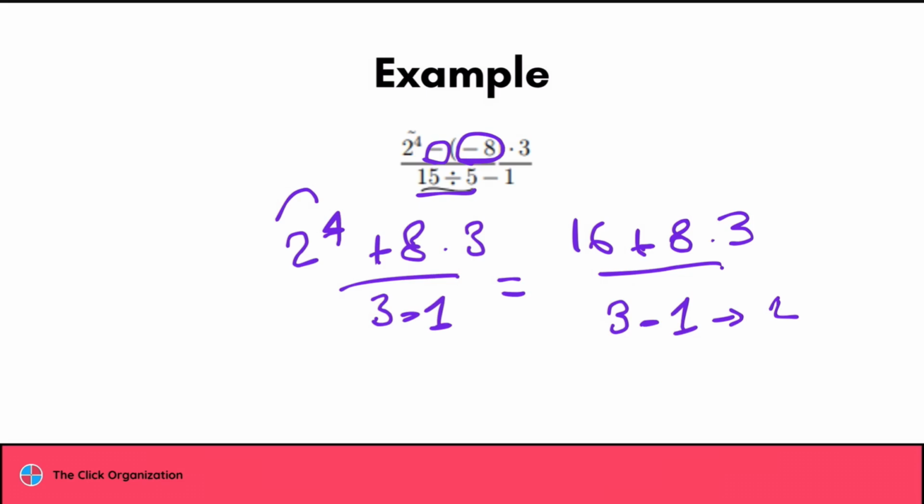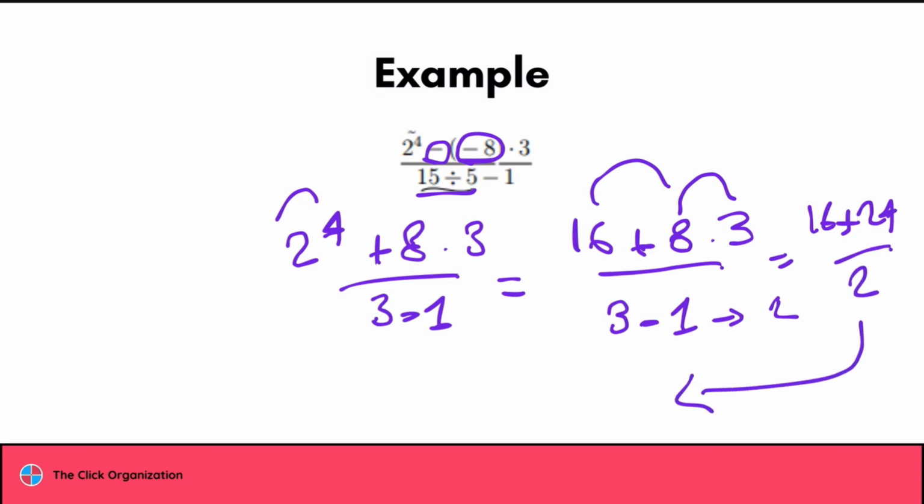So to evaluate it further, I'm going to do this. 16 plus 8 is going to be 24, but that's not correct because we said that if we have multiplication, we are going to do that first. So we are going to do this part first. 8 times 3, it's going to be 24. So 16 plus 24 divided by 2.